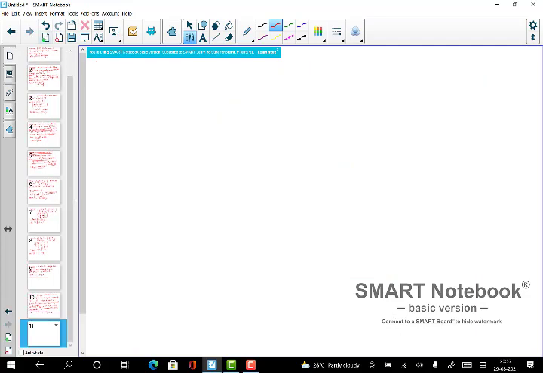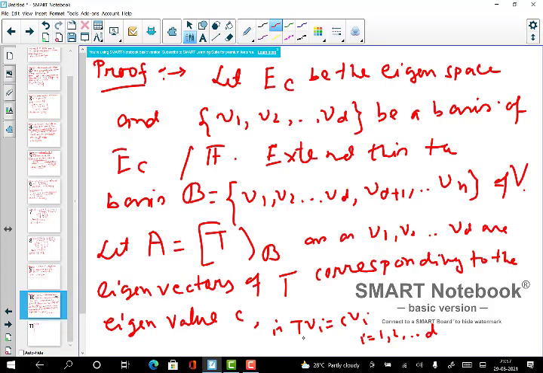Then how will this A look with respect to this basis? A will be of the form: first, c times the identity matrix of order d, because T vi equals c vi.